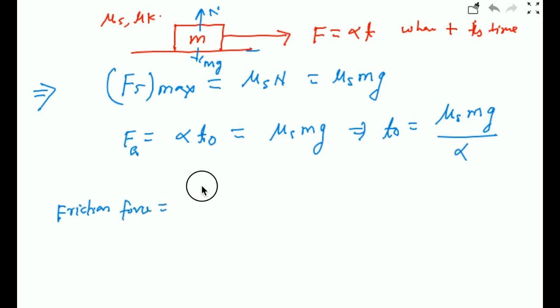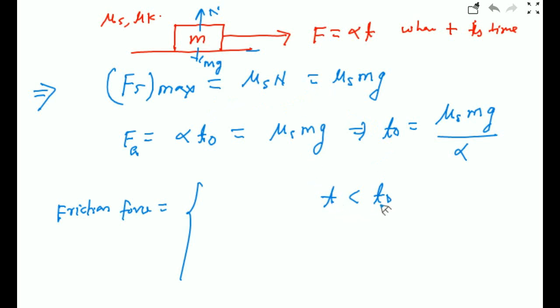Now we have to write the frictional force. When t is less than t naught, the applied force is less than the maximum static friction force, because at t naught the applied force and maximum static friction force are equal.